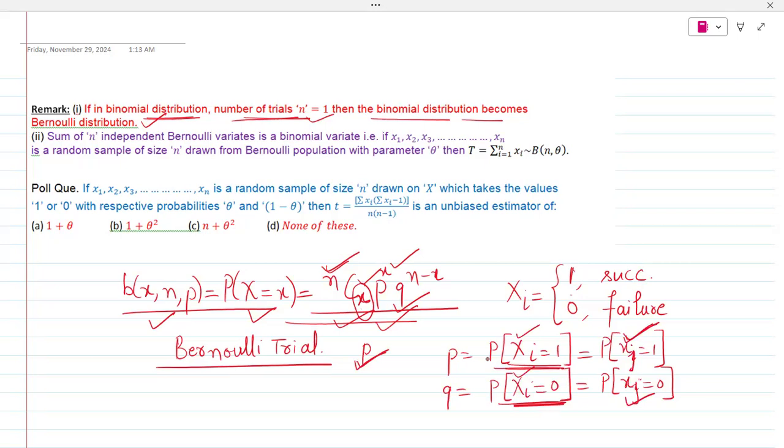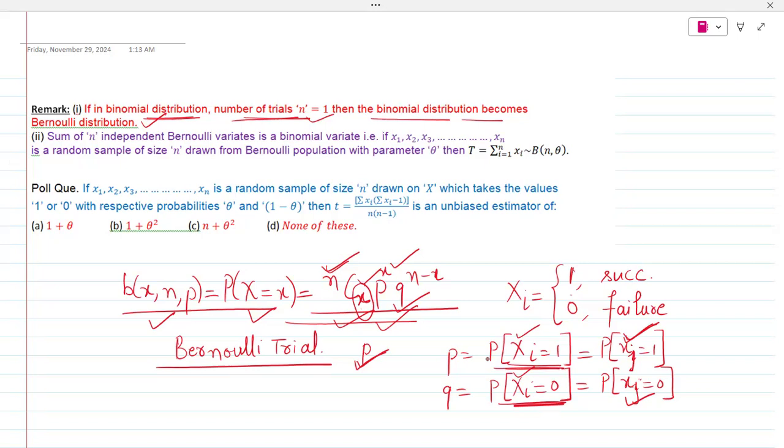Now, here one thing I have stated is that usually the distribution of the population is known: sometimes the population follows a normal distribution, or Bernoulli, or Poisson, or any other one.